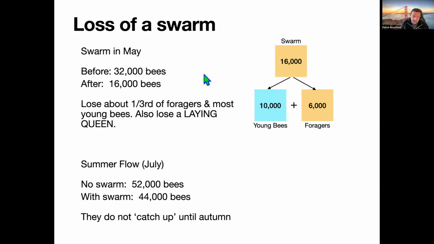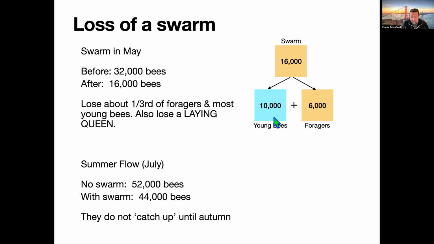If you did lose a swarm in May, I've assumed here that before the swarm you've got just over 30,000 and half of them disappear over the hedge. That swarm of 16,000 is actually largely made up of the younger bees. So you're not losing 16,000 foragers.